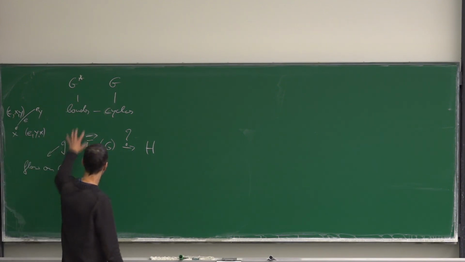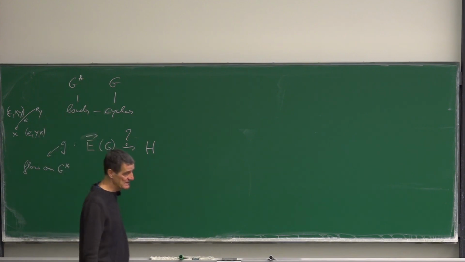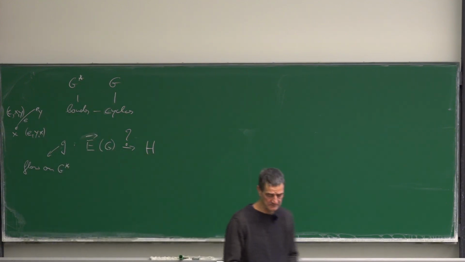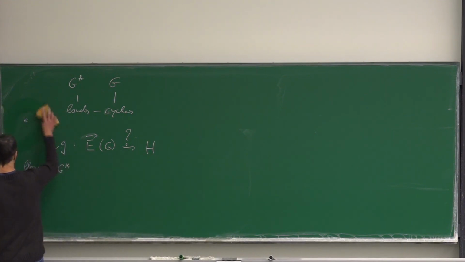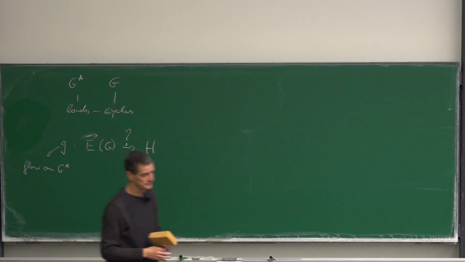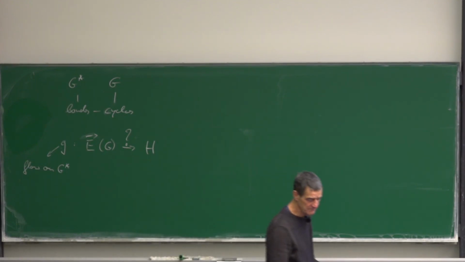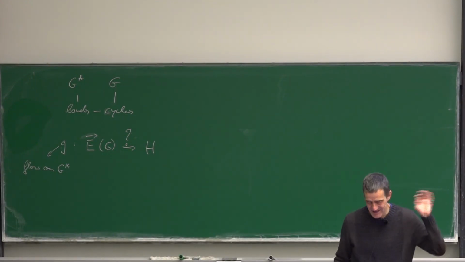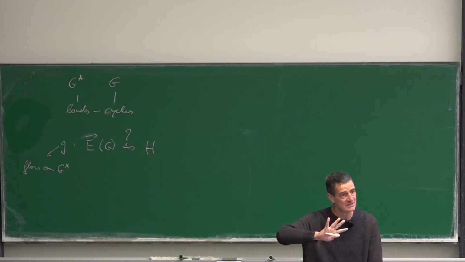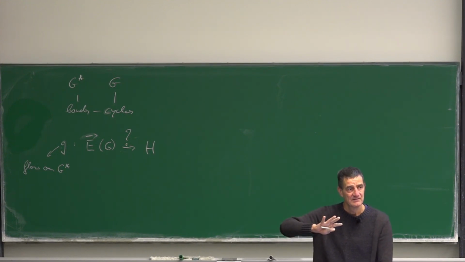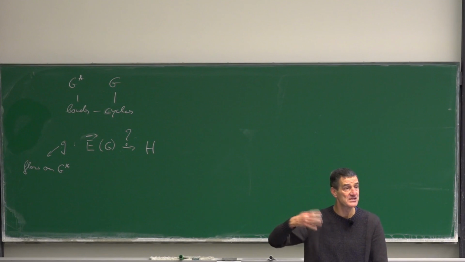So in order for any such statement, we need to refine the bijection between the edges of G star and the edges of G, which in abstract duality is just the identity map.